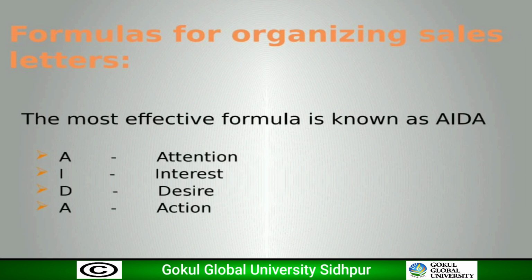Attention means drawing the customer's observation by way of the sales letter. I means interest. Create curiosity and willingness in the customer's mind. D means desire, means fulfill the needs of customers. And A means action, the last step, to follow the steps and activities in the sales letter.